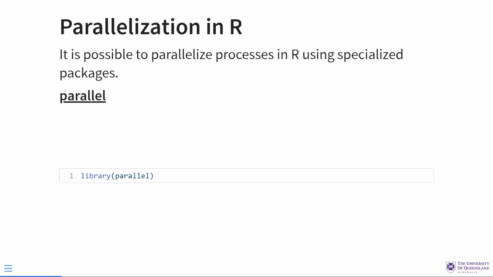So it is possible to run a parallelized process in R, but you have to use some package designed specifically for that, because R by itself is not designed to run parallel processes. So parallel is the most used package. It's included in the R core system, in the base package of R. So you don't have to install it. You can simply load it by library parallel.